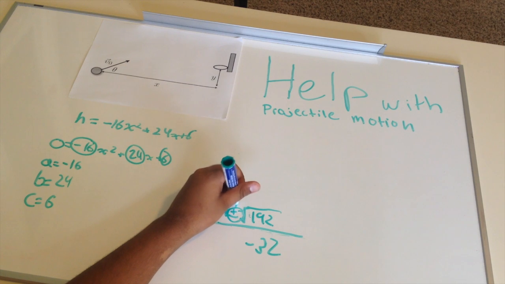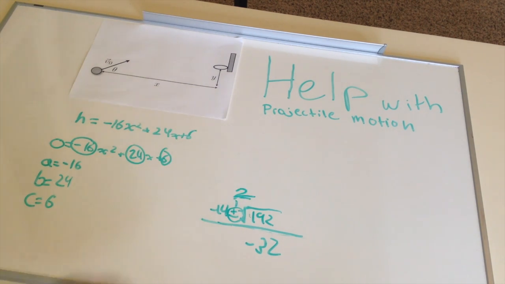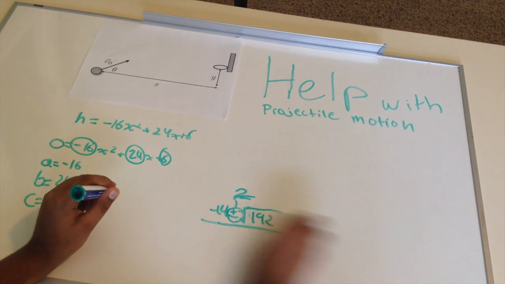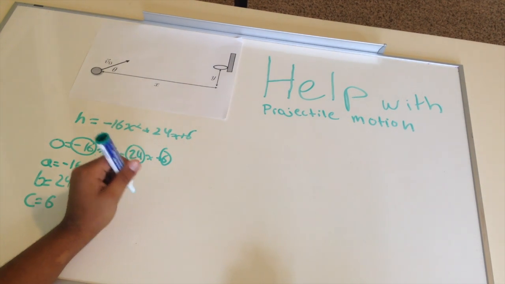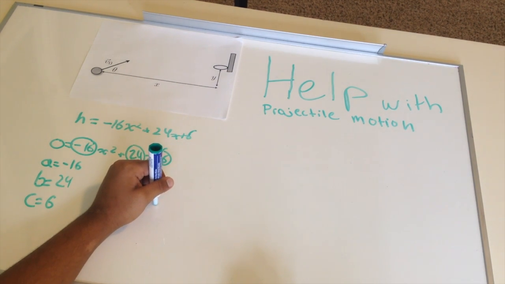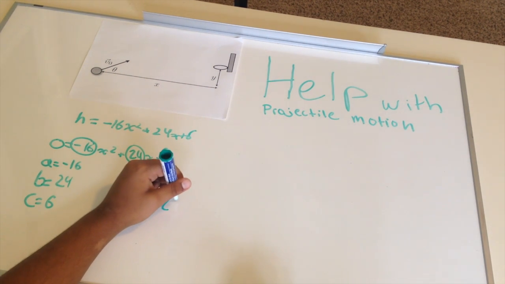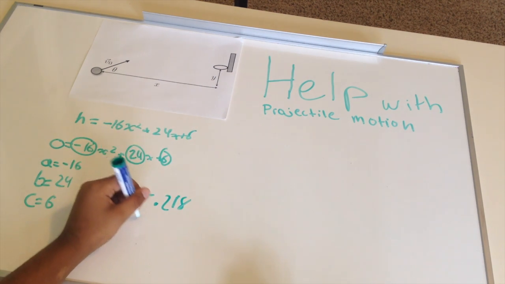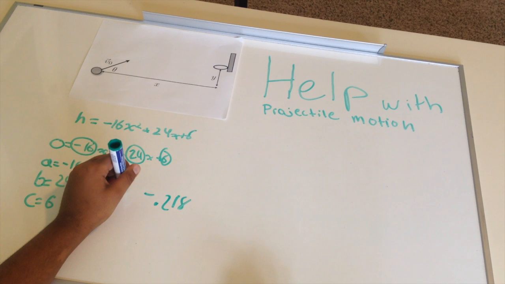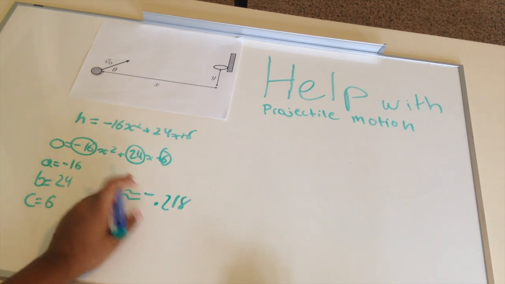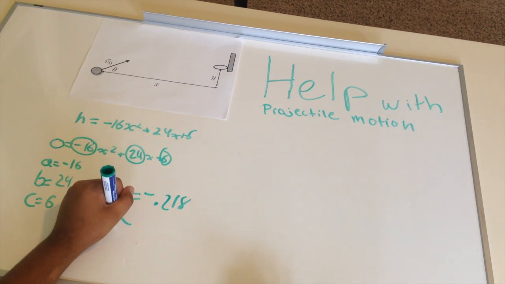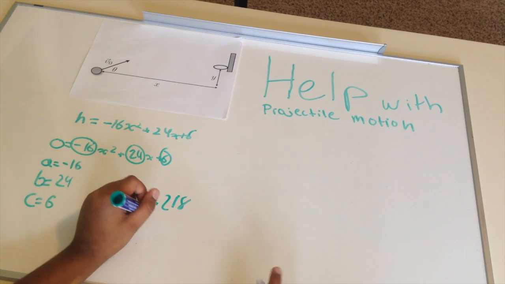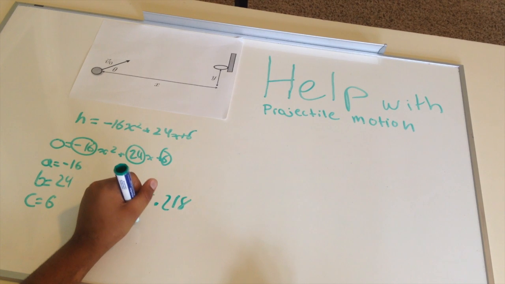There's two ways to solve this. The first answer is about negative 0.218. It's got 3 digits, and so it's about. For simple ones, you won't get an about, you'll get an exact answer. The other x value is 1.718.